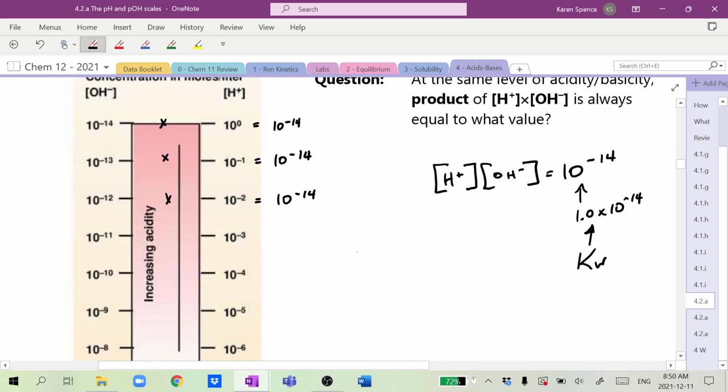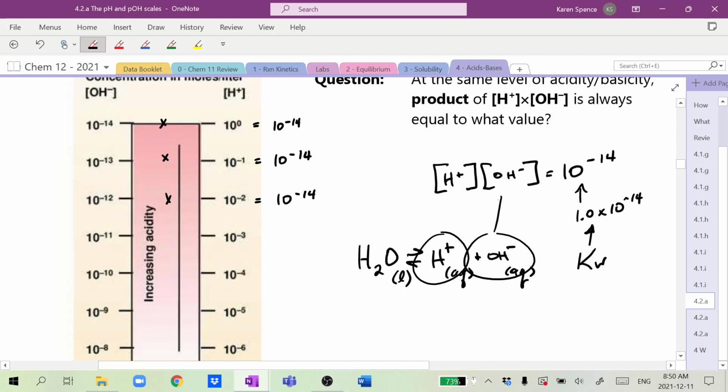If we have water, H2O, and it dissociates just a tiny little bit into H+ and OH-, then the K value for that, of course, is hydrogen times hydroxide, and we get 1 times 10 to the negative 14.